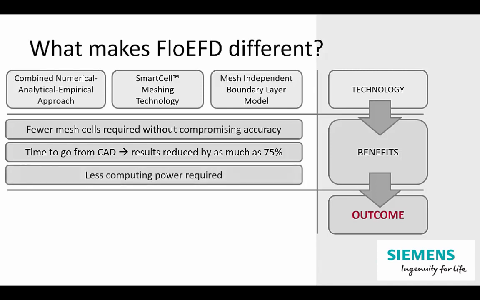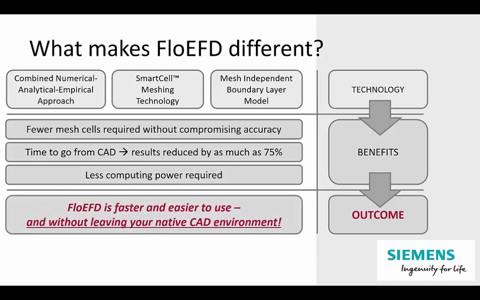It also means less computing power is required. Typically with FlowEFD, you can use the hardware you probably already have. Typically, it can be run on a high-spec CAD workstation. There is no need to go out and buy additional high-performance computing power. So the outcome is that FlowEFD is faster and easier to use, and it's all done without leaving your native 3D CAD environment.